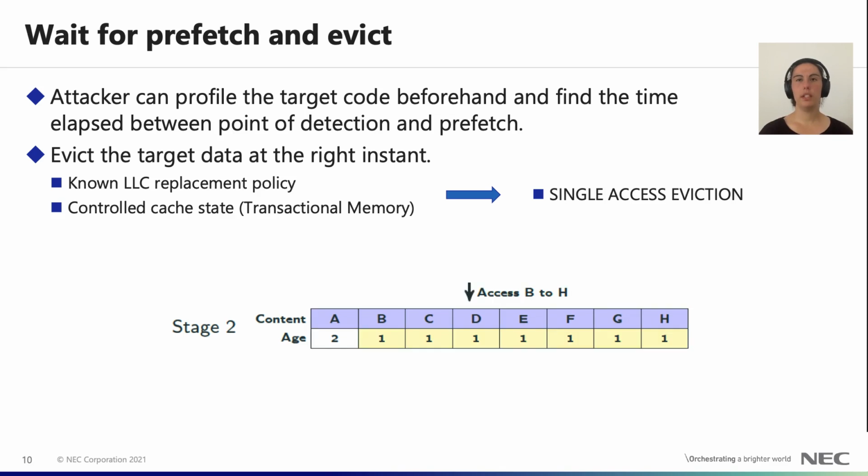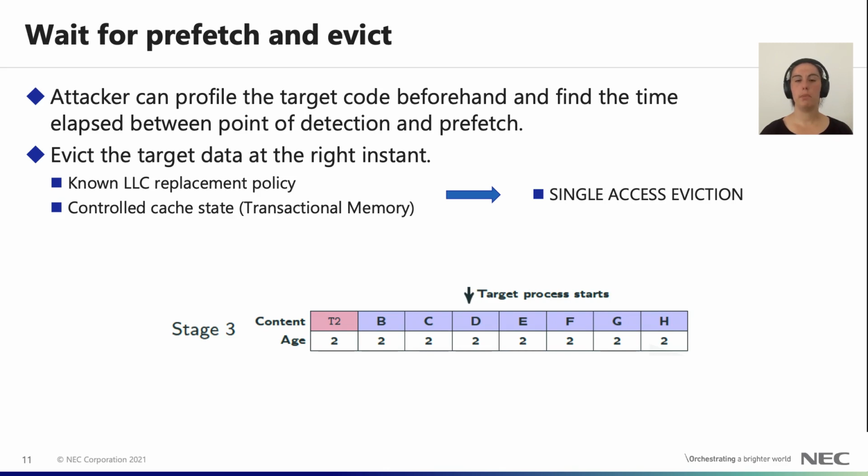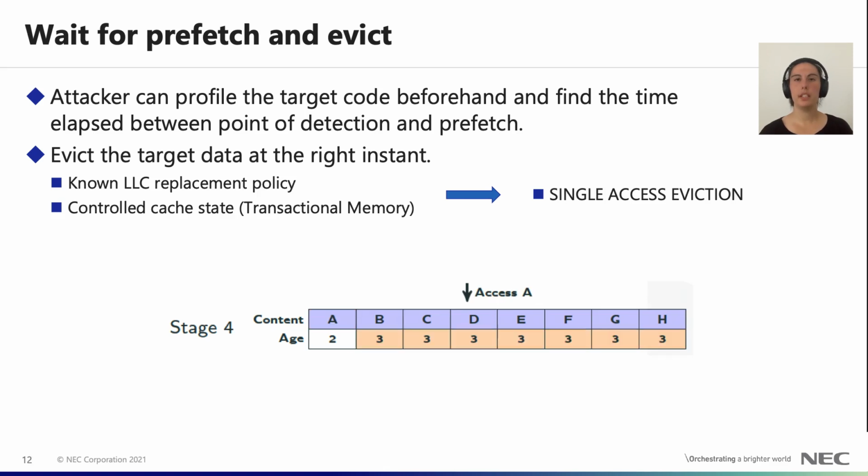In order to do that, one can just access the blocks B to H to ensure the ages of all of them are reduced. At this point, if the victim accesses the target T2, even if the ages of B to H increase, T2 automatically becomes the eviction candidate. That is, if the attacker correctly prepares the transaction, once the abort signal is received, she can just access A and remove the data that has just been prefetched into the cache.